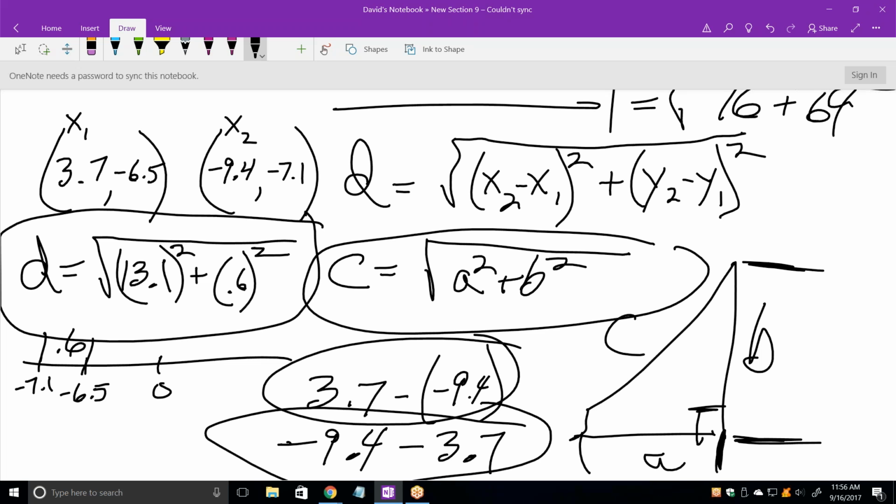But do you have a number for this? For 13.1, I have 171.61. And for 0.6, I have 0.36. Add those two numbers together. Okay, hold on, 0.36 plus 171.61. I have 171.97. Now take the square root of that. That's your answer. Okay.